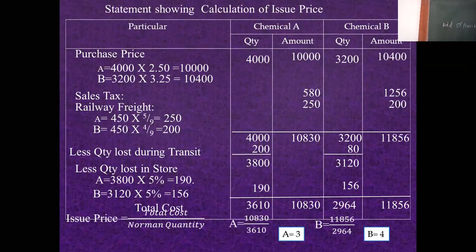And this one second. Okay. And 3,800 is the quantity. And this quantity you have to take here. The same quantity, this quantity you take here. And this quantity you take here.